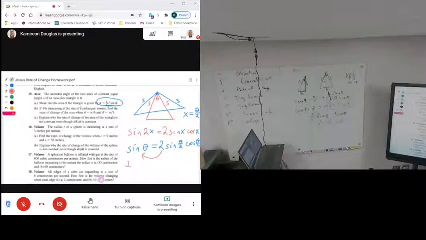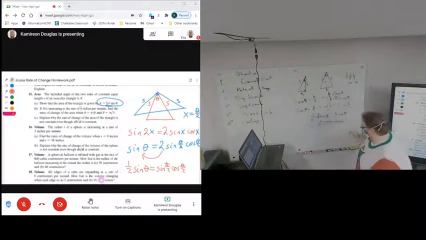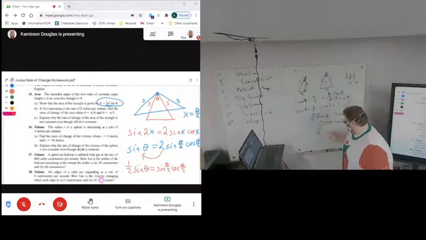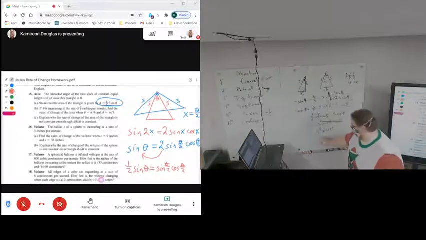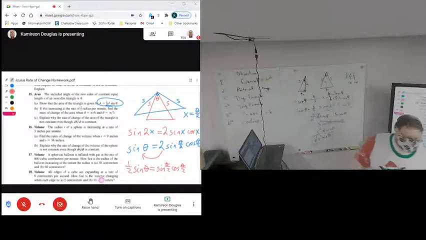I get 1/2 sine of theta is equal to sine theta over 2 cosine theta over 2. Now I do a simple substitution. Anywhere there is a sine theta over 2 times cosine theta over 2, I replace it with 1/2 sine theta. So all of this is replaced by S squared times 1/2 sine theta, which of course is the answer they expected, 1/2 S squared sine theta. Exactly as we expected.